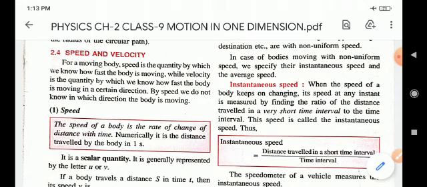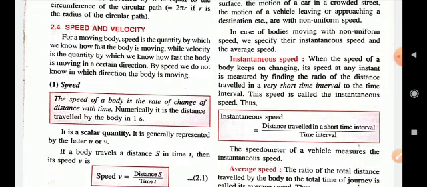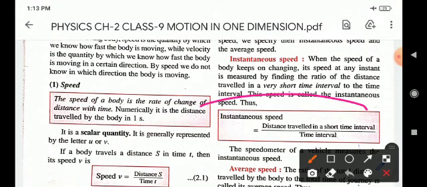This is called instantaneous speed. Instantaneous speed is equal to the distance traveled in a short time interval upon that time interval. Very good formula, children.